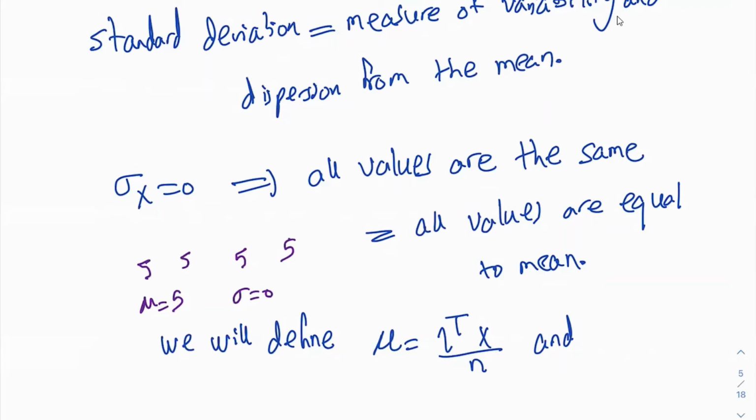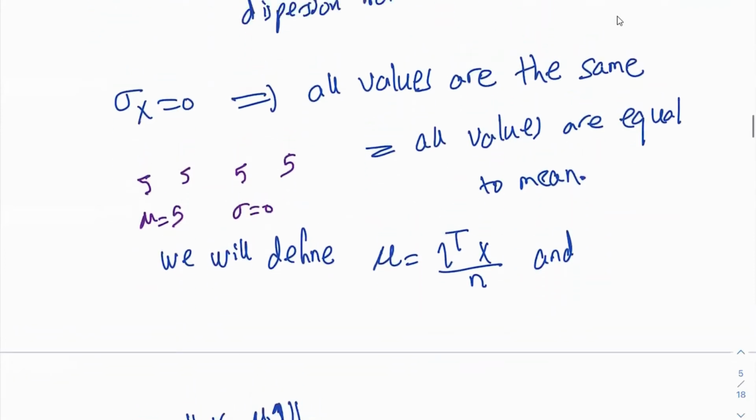Now, another definition I have here is the fancy definition for the mean or average, which you usually see in textbooks. The average of x is defined as x1 plus x2 all the way to xn, divided by n.